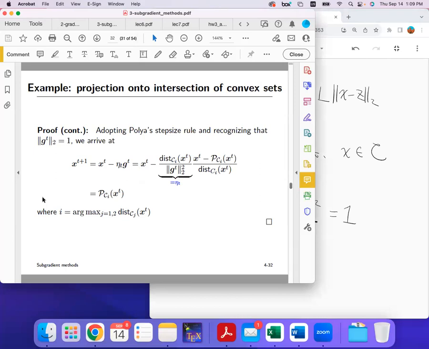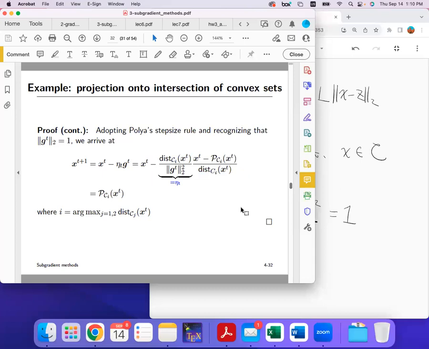Now write down the update rule of subgradient descent. The g_t we have shown in the previous slide, and for eta_t we use Polyak's step size. I simply plug them into this update rule and then simplify.